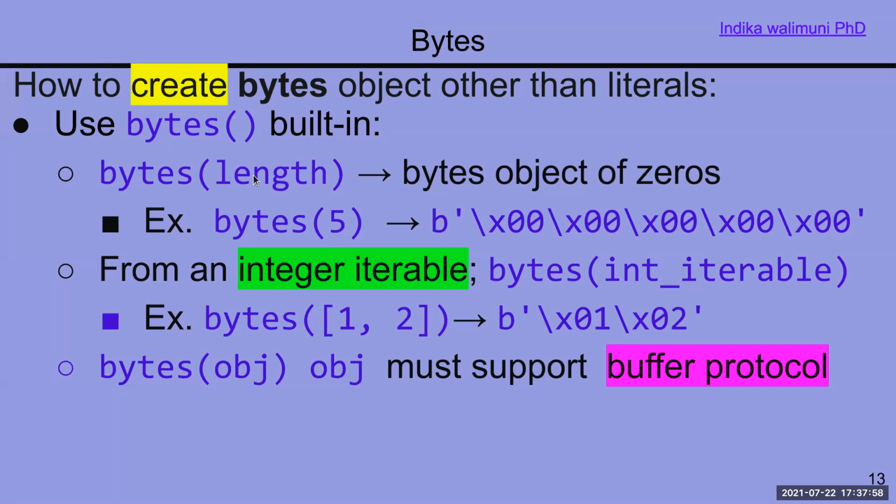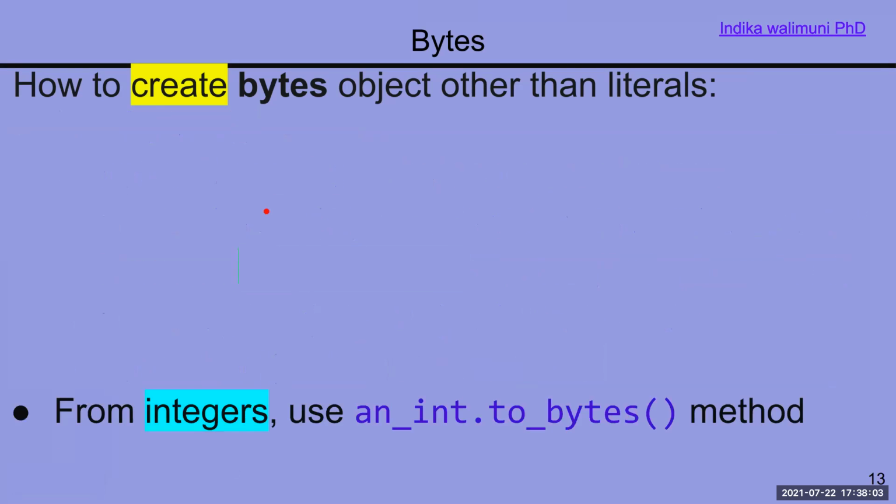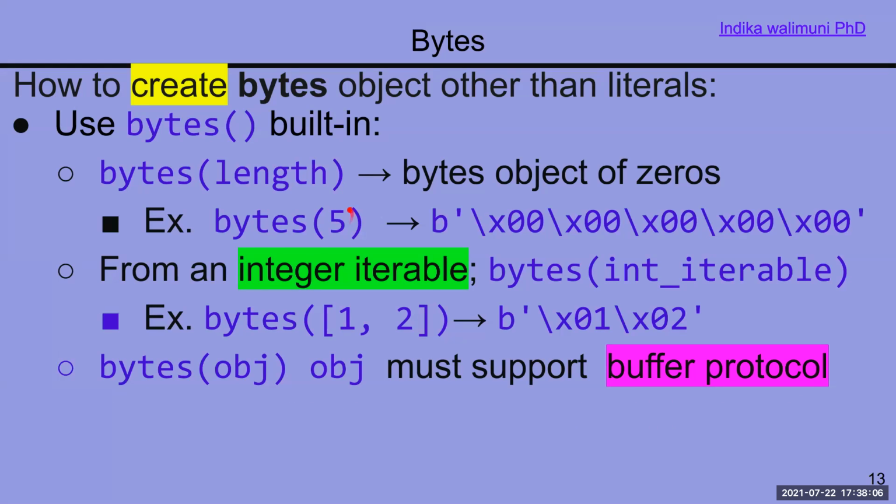For example, bytes(5), where 5 is just an integer. When we pass 5 like this and run it, we get a bytes object of all zeros. We can also pass an iterable of integers to the bytes built-in function.